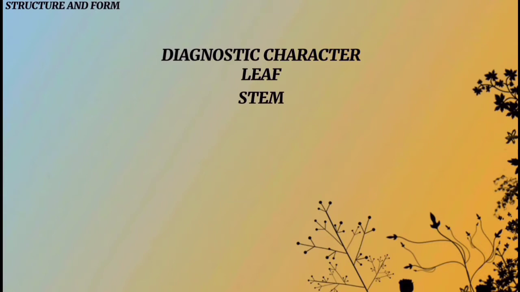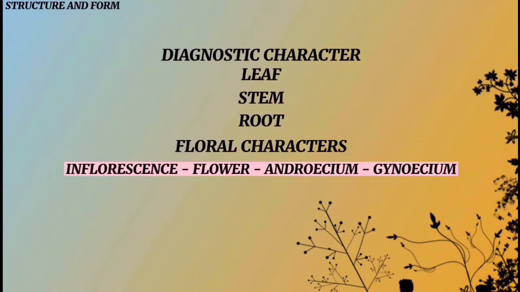Next, structure and form of the lily family. I'll be discussing its diagnostic character, its leaf, stem, root, floral characters which include inflorescence, flower, androecium, and gynoecium, and lastly the family Liliaceae's fruit and seeds.